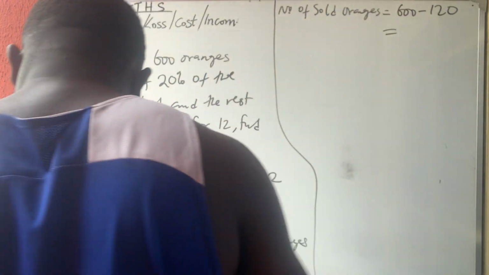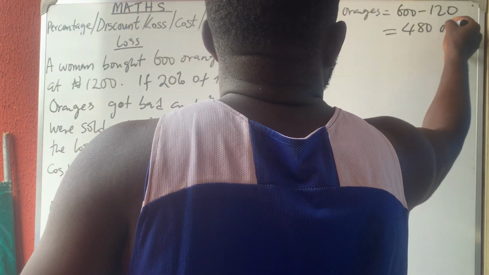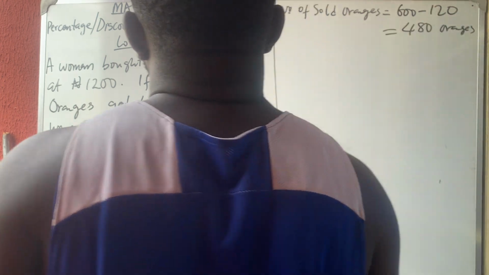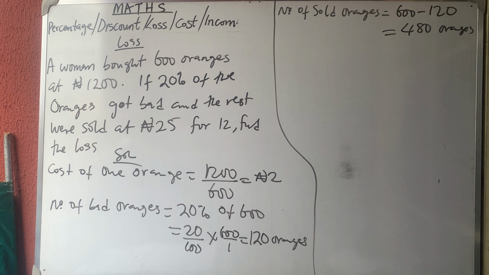So she sold 600 minus 120, which is 480 oranges. Now she started selling them 12 by 12.